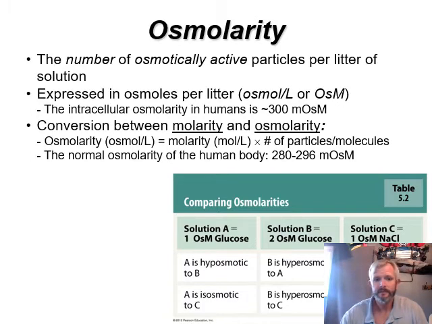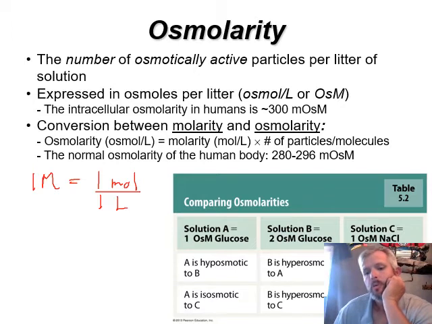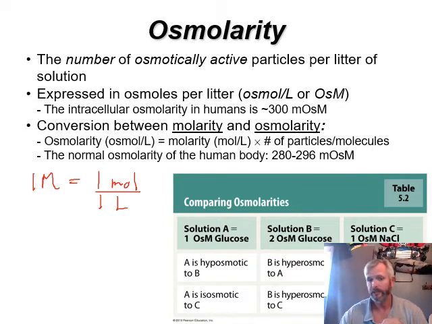In a 1 molar solution, I have 1 mole of solutes in a 1 liter solution. What is going to dictate where osmosis takes place? We have to compare terms called osmolarity. We have to compare the osmolarity of the solutions.